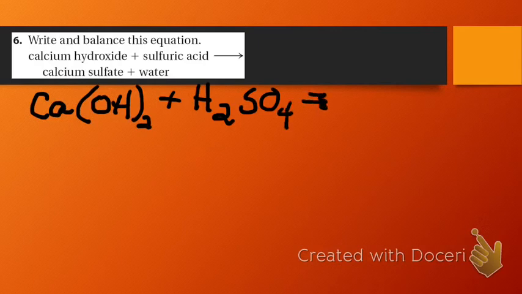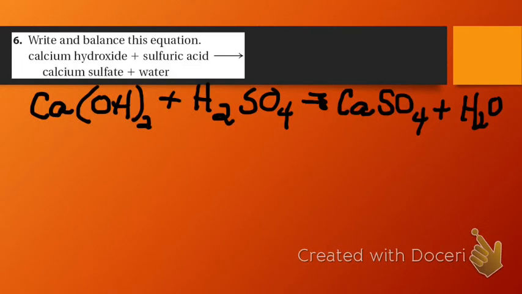Sulfuric acid yields calcium sulfate. So remember, sulfate SO4 2 minus, calcium Ca2 plus, do crisscross, CaSO4 plus water, H2O.